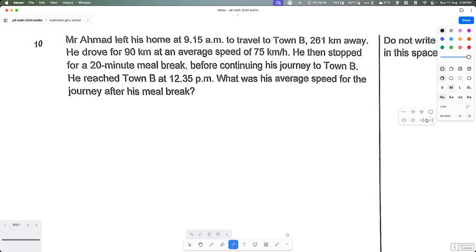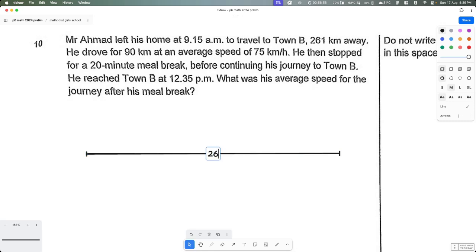Okay, so if I were to draw from one stop to the other stop, the total distance is 261 kilometers from home to town B. So you drove 90 km at an average speed of 75 kilometers an hour. So let's say this one is 90 kilometers, and this is 75 kilometers an hour.